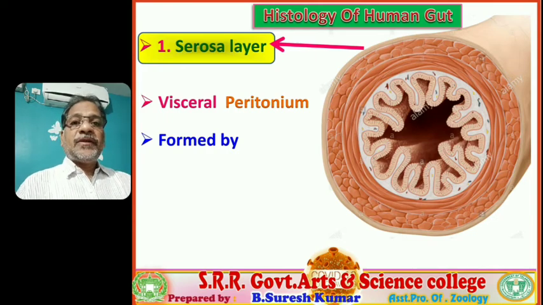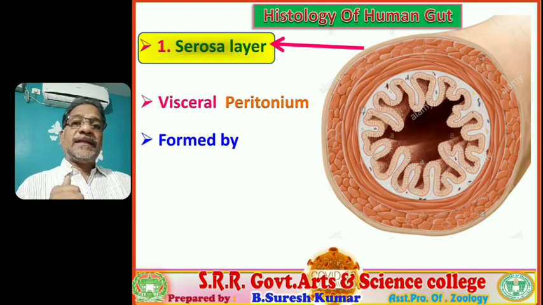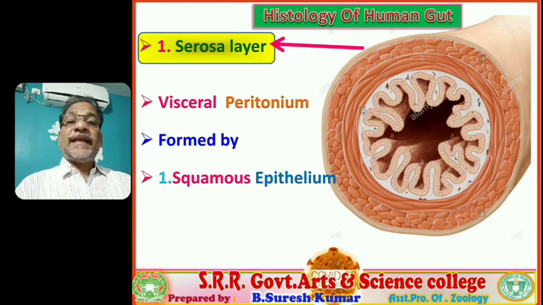What is visceral peritoneum? The coelom is enveloped by the mesodermal germinal layer towards the outside as well as the gut side. Whatever mesodermal layer is present towards the gut side, that is the serosa layer, remember. So hence it is considered as visceral peritoneum. It is formed by mesothelium. It is formed by squamous epithelium.